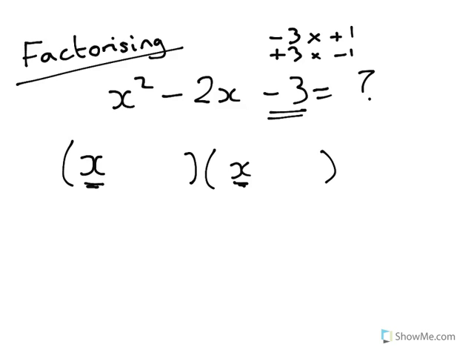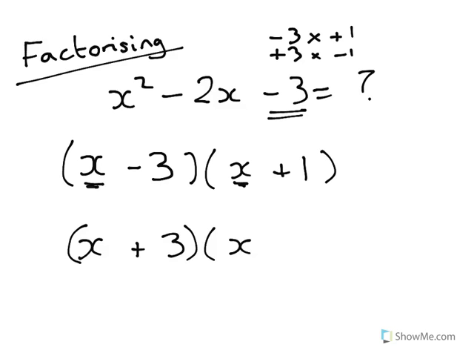So if I was to put -3 and +1 in here, or I was to do the other way around, x minus 1, what answer would I get? Well, here I'd get x squared, and then I would get plus x minus 3x minus 3.